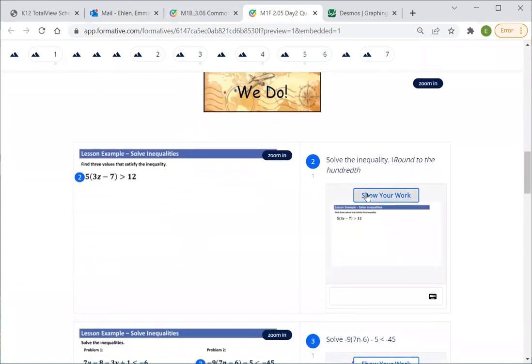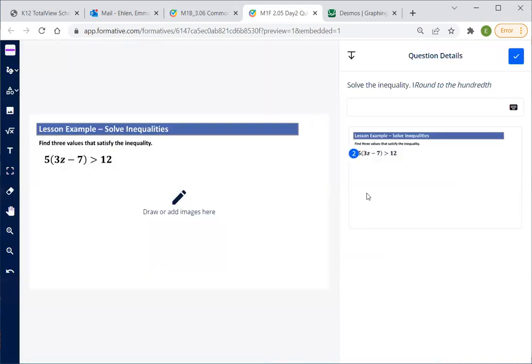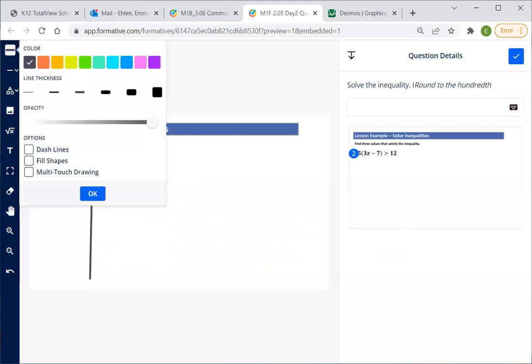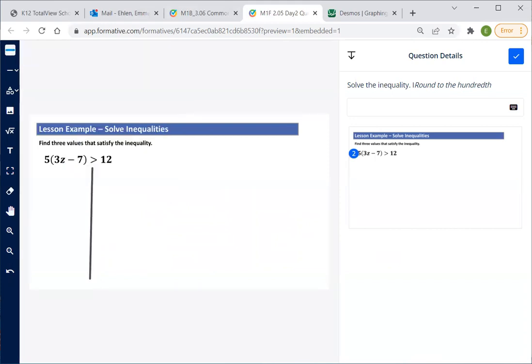So looking at the first one, remember, always draw your line down the middle. Our first step here is to distribute.